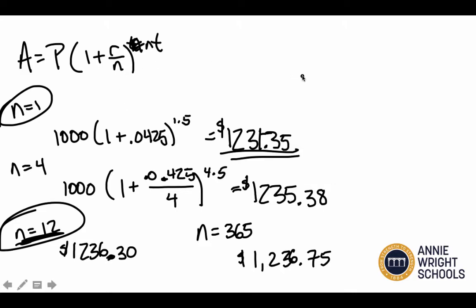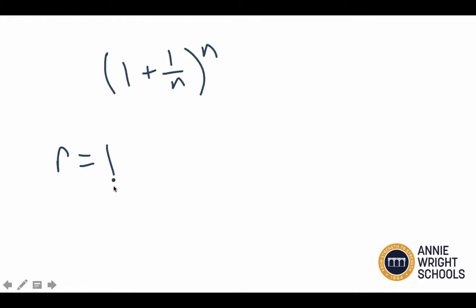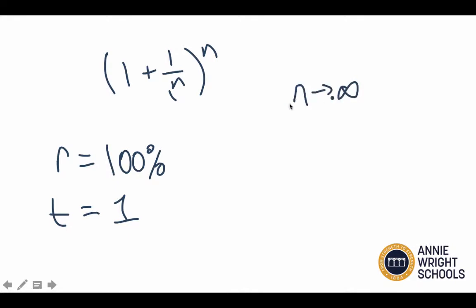Yay. All right. Looking at this formula, a famous mathematician isolated part of it and said, okay, I'm going to assume a rate of 100%. I'm going to assume a time of 1 year, and I'm just going to increase the n. And what that mathematician found is that as n got bigger and bigger, 1 plus 1 over n to the nth power approached a value.